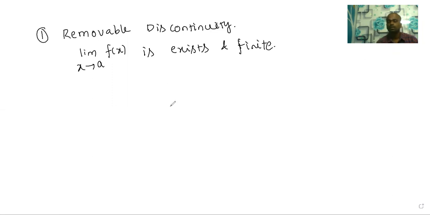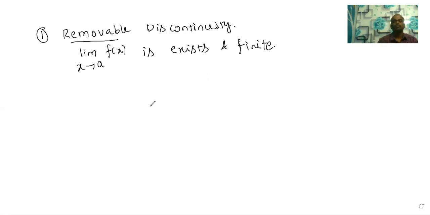So why do we call this kind of discontinuity removable discontinuity? Because in this kind of discontinuity, it is possible to remove the discontinuity of the function at the given point. How can we remove it? We just redefine the function so that the limit of the function at the given point is the same as the value of the function.